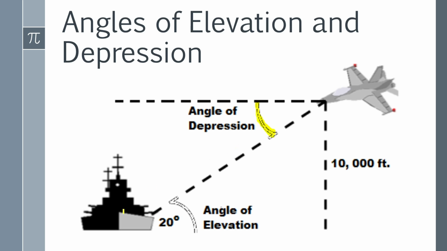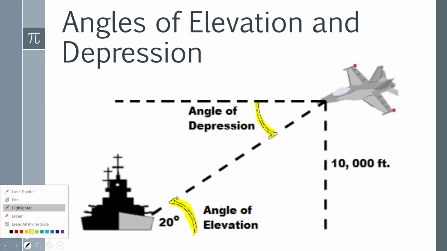If there's an observer on the deck of the battleship, and he looks up at a 20-degree angle and sees the airplane, the jet, then he would have a 20-degree angle of elevation.